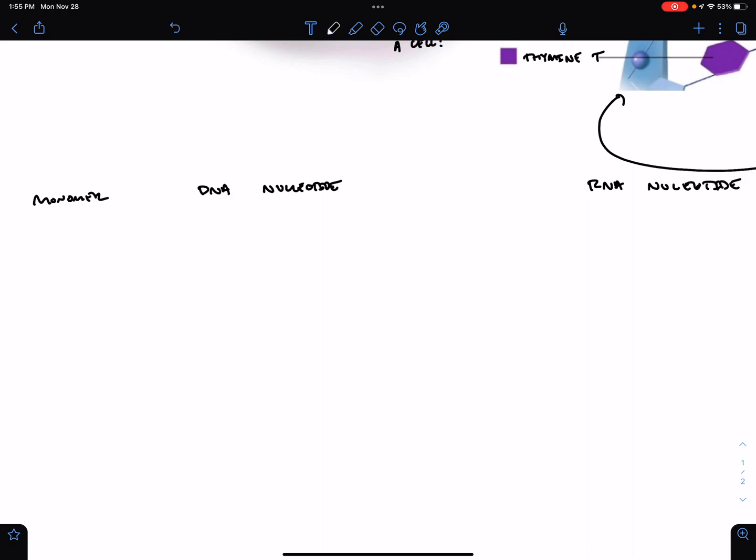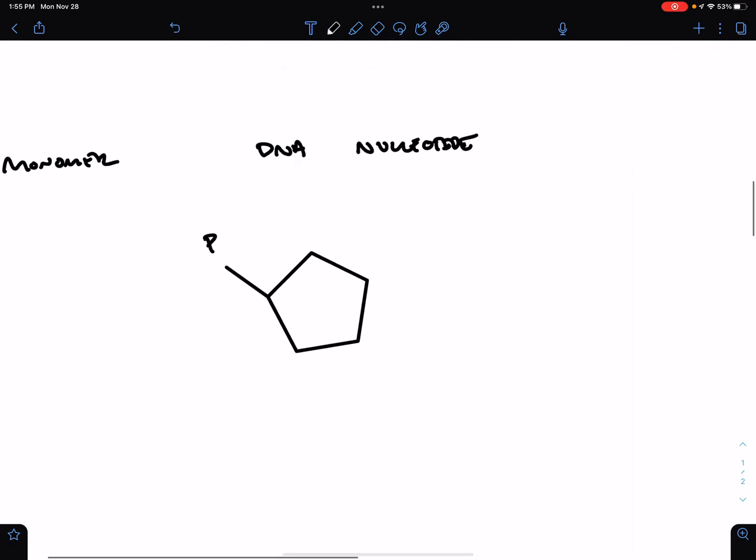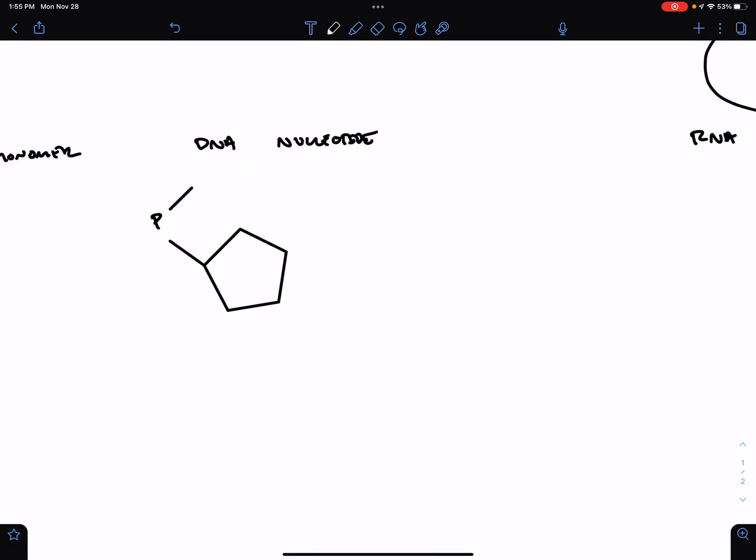A DNA nucleotide is made up of a 5-carbon sugar. So we'll draw that out here. Okay, excellent. And then it has bonded on this side a phosphate group, and I'm going to draw this as well. You'll see in a second.